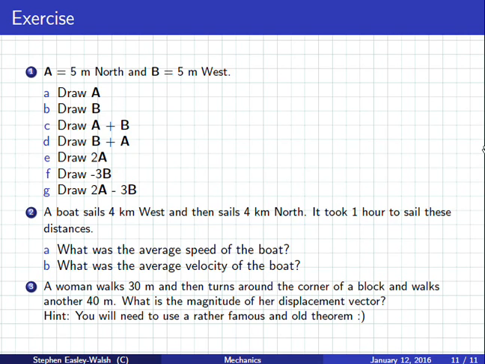Okay. Yeah. So the last part, that's a typo. It should say, what was his average velocity? So, do you remember velocity? Yeah. It was displacement or position over time.